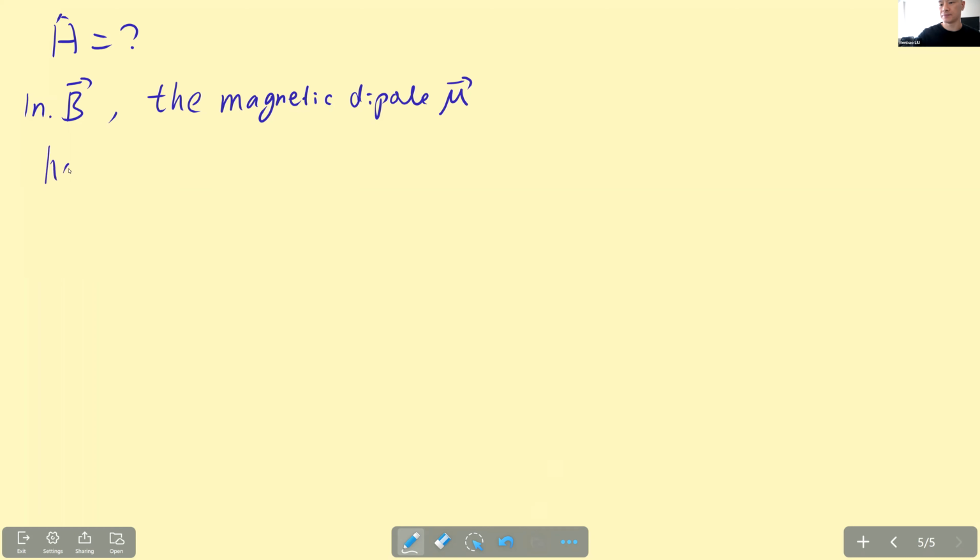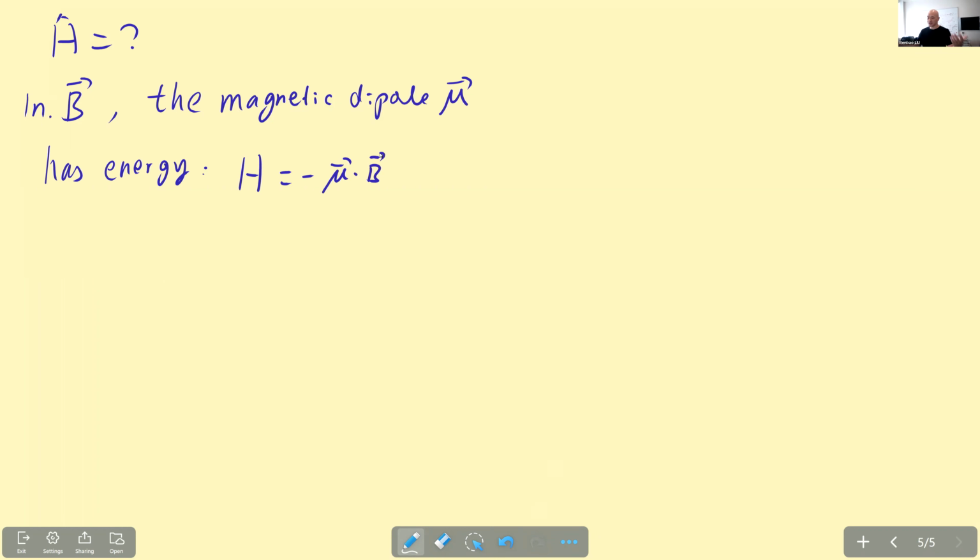Okay, we know that if we have a magnetic field, then the magnetic dipole mu, sorry, has energy that is minus mu dot B, right?